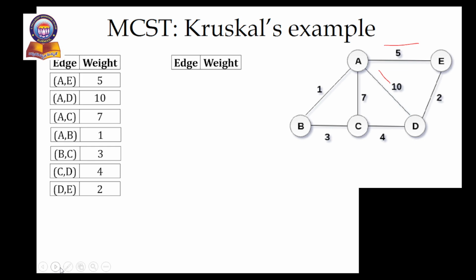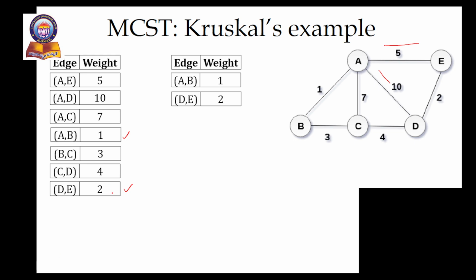And I'm rearranging these edges based upon the cost in ascending order. That is A to B 1. This is your first edge that has to be taken, and the next edge, that is D to E with the edge cost equal to 2. What happens if you have the same edges?